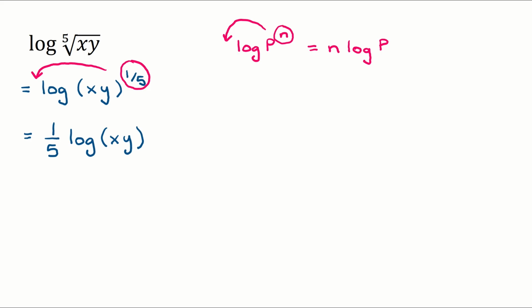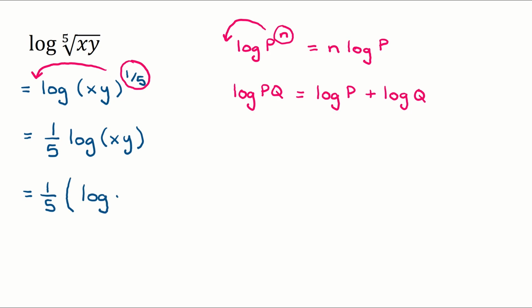Now we can apply the product rule because we have log of two numbers being multiplied by each other, meaning this is going to turn into log of the first number plus log of the second number. So in this case, remember the 1/5 is multiplying this whole thing, and you get log of x plus log of y.